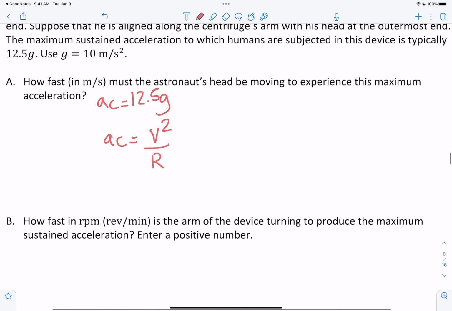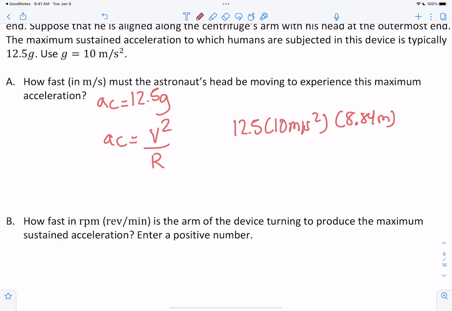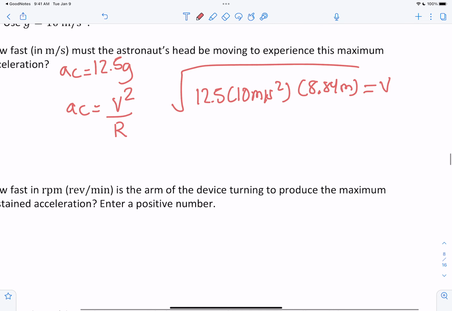So it would be 12.5 times 10 meters per second squared times 8.84 meters. We multiply the r over, and then take the square root to get v. And so you should come up with around 33.2 meters per second, right?